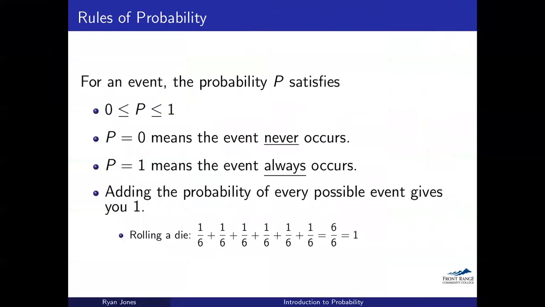Let's talk about some rules of probability. Probability, which I'm going to denote by P, satisfies some rules. The first and foremost is that probability is always between 0 and 1. So it's going to be some sort of decimal, like 0.5 or 0.46. It's never lower than 0, so it's never negative, and it's never bigger than 1.